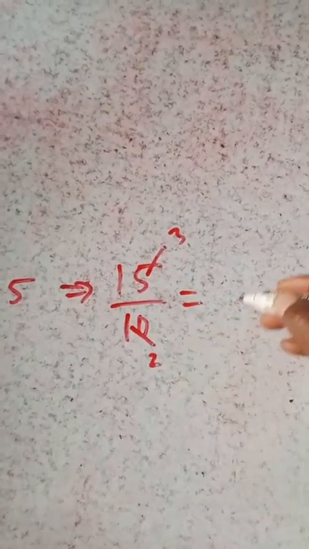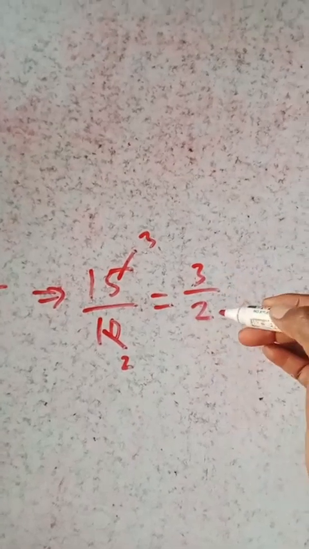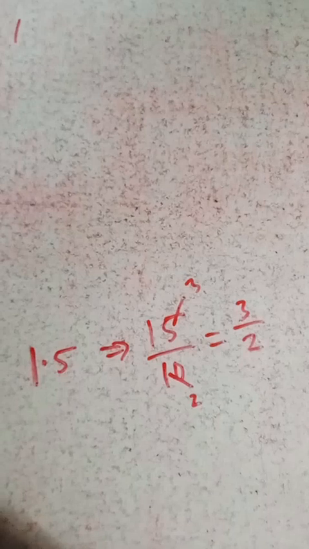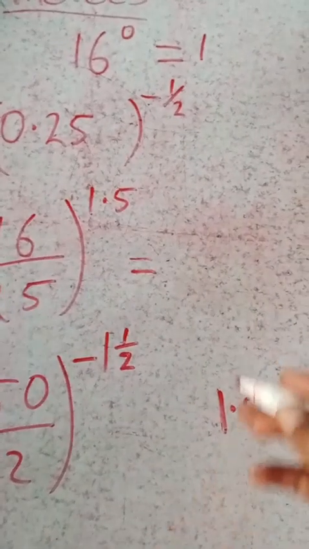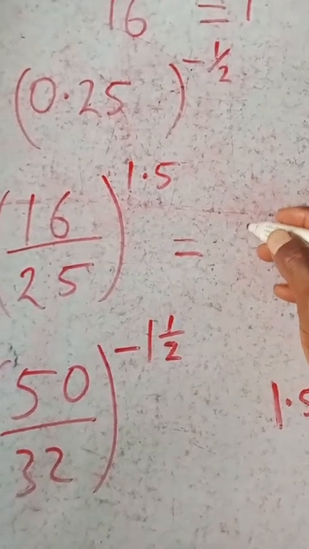So at this point, 3 over 2 will be the simplest fraction. So 1.5 means 3 over 2. We'll come back to the question and rewrite it.